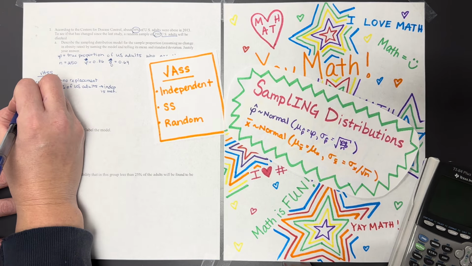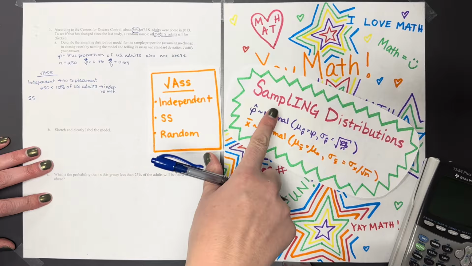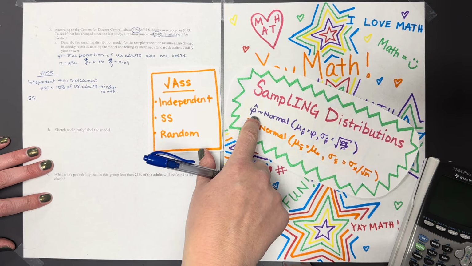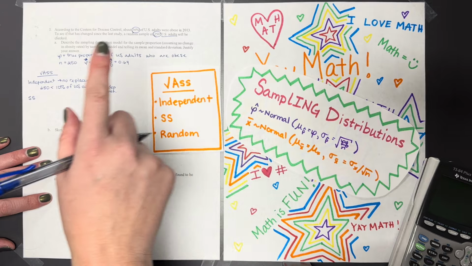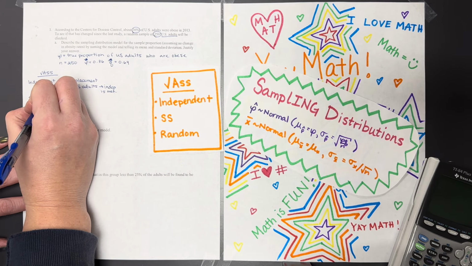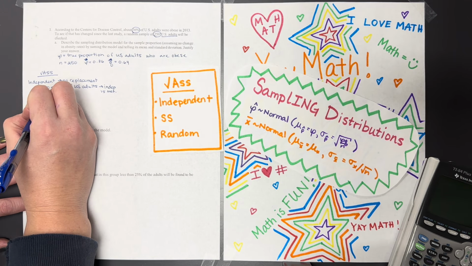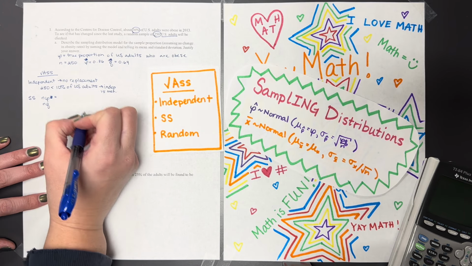So the next is I'm going to check my sample size. For sampling distributions of sample proportions, in order for us to use a normal model, np has to be greater than or equal to 10 and nq has to be greater than or equal to 10.